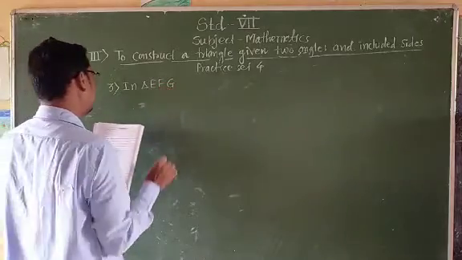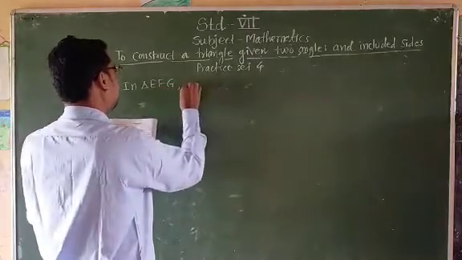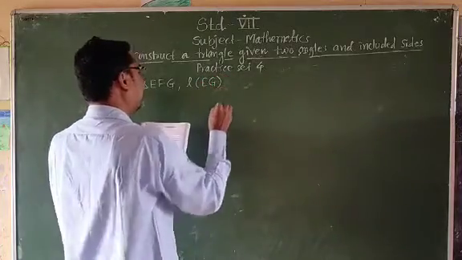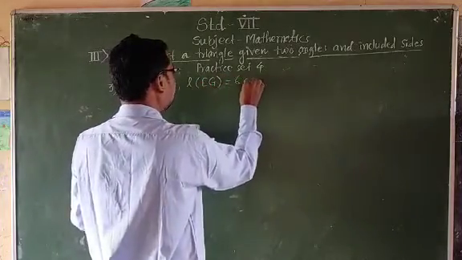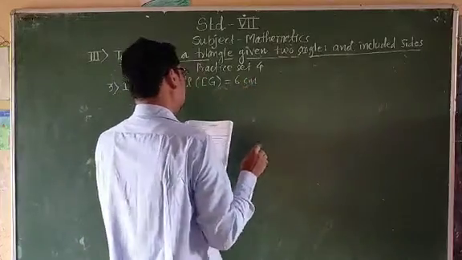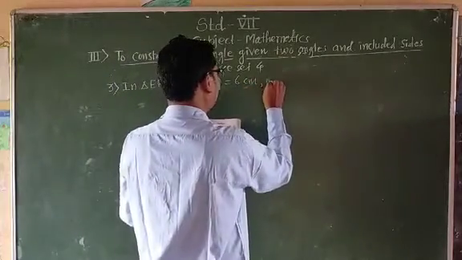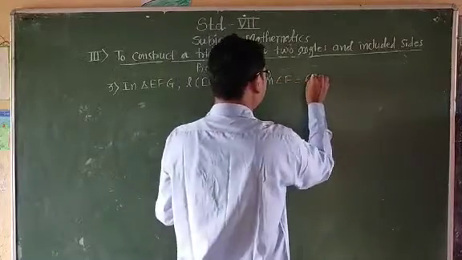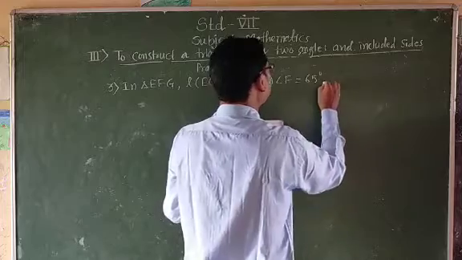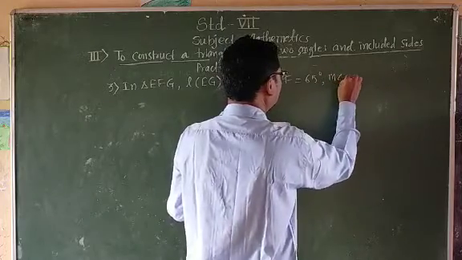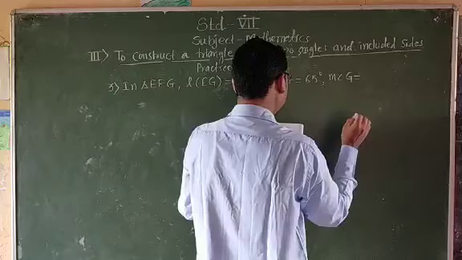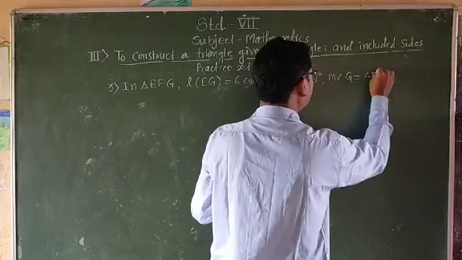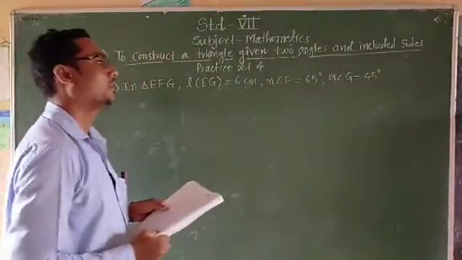In triangle EFG, the length of EG is equal to 6 centimeters, and the measure of angle F is 65 degrees. The measure of angle G is given as 45 degrees. That is given, 45 degrees.